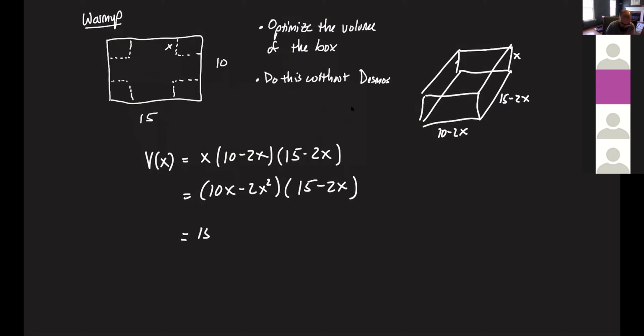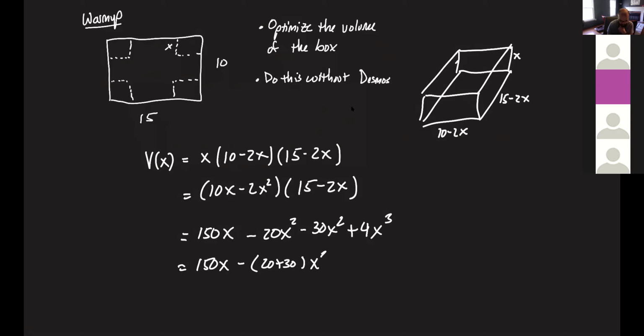What we end up with is 150x minus 20x, and we get minus 20x squared, then minus 30x squared, and then plus 4x cubed. If I group those, I get 150x minus 20 plus 30x squared plus 4x cubed. So 150x minus 50x squared plus 4x cubed.